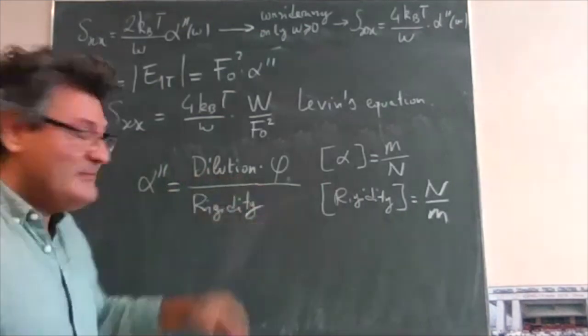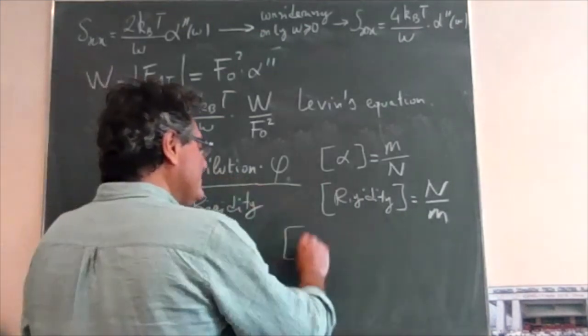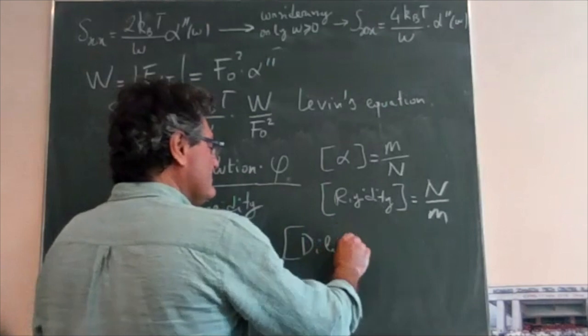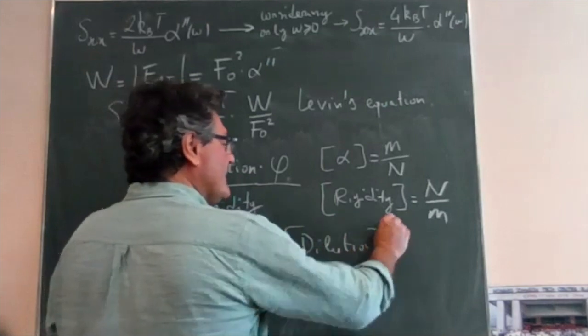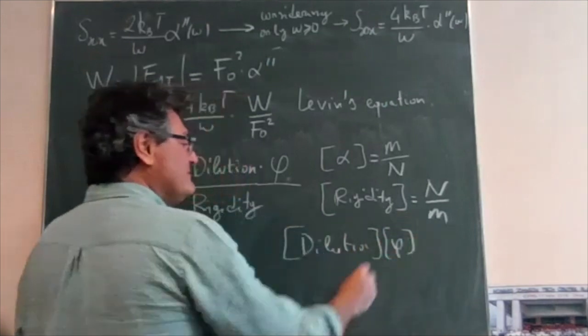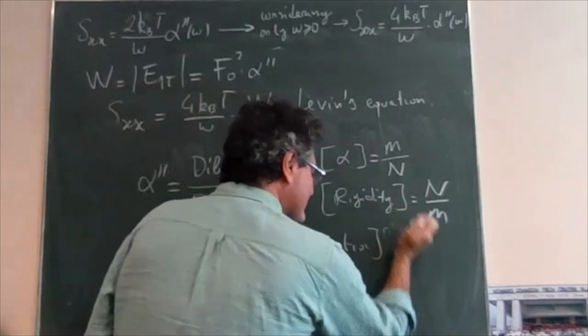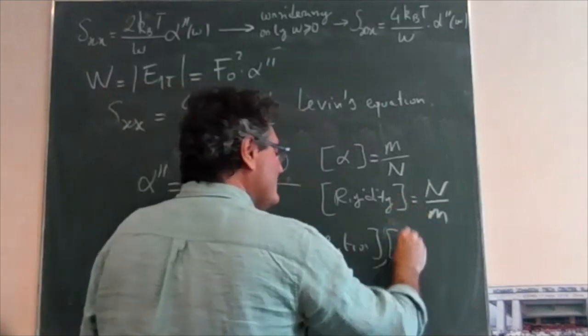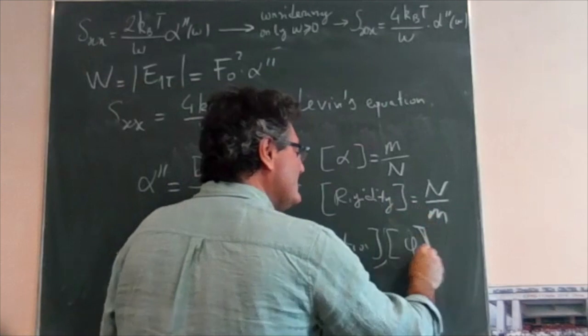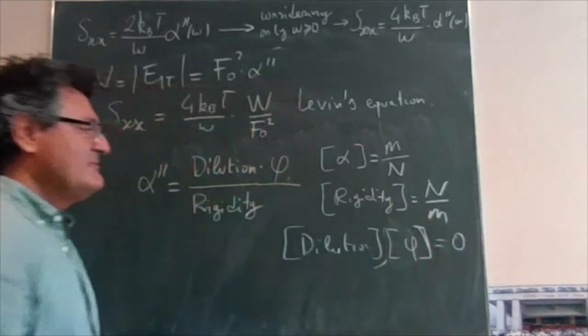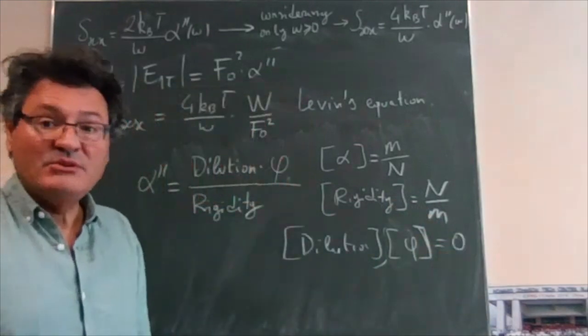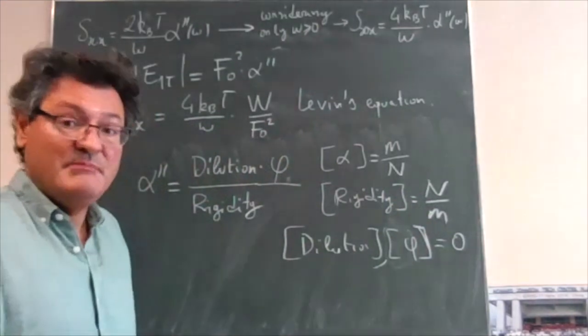It means that both dilution and the loss angle have dimension 0. They have no dimension, so these are a-dimensional numbers.